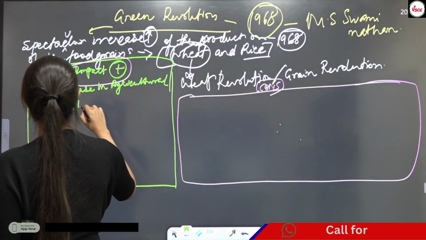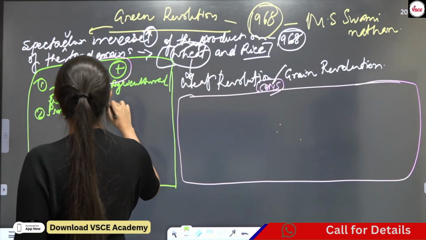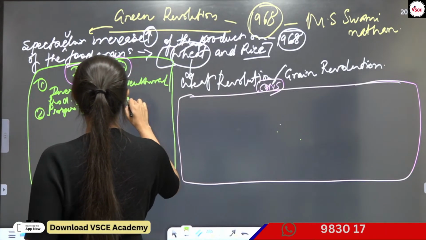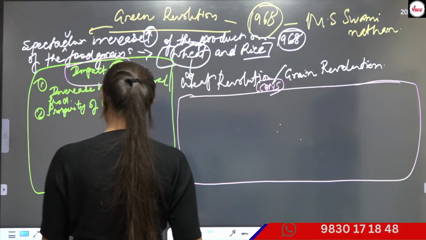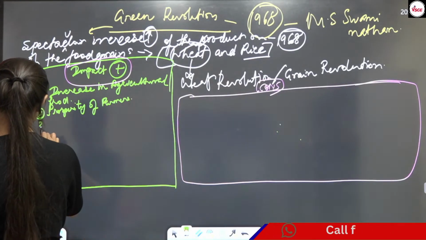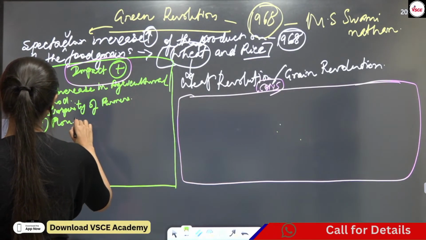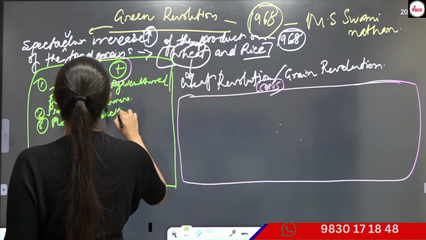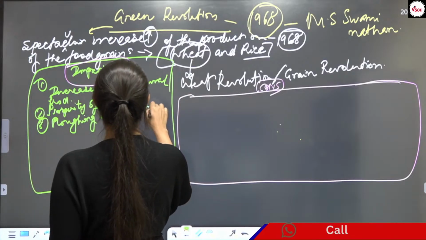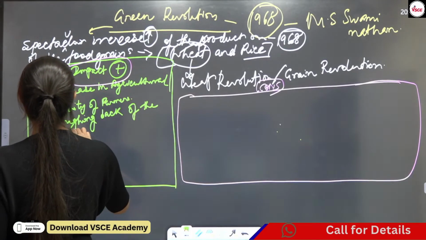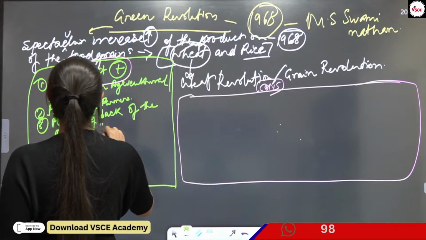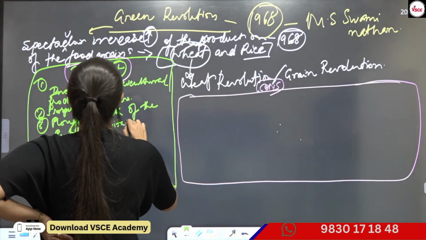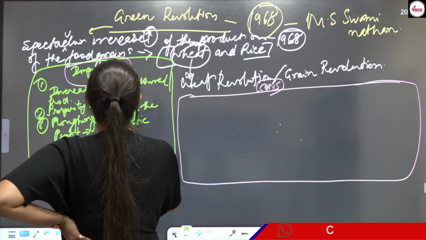Prosperity of farmers. Plowing back of the profit. Plowing back of the profit means reinvestment of the profit. That means capitalistic farming.